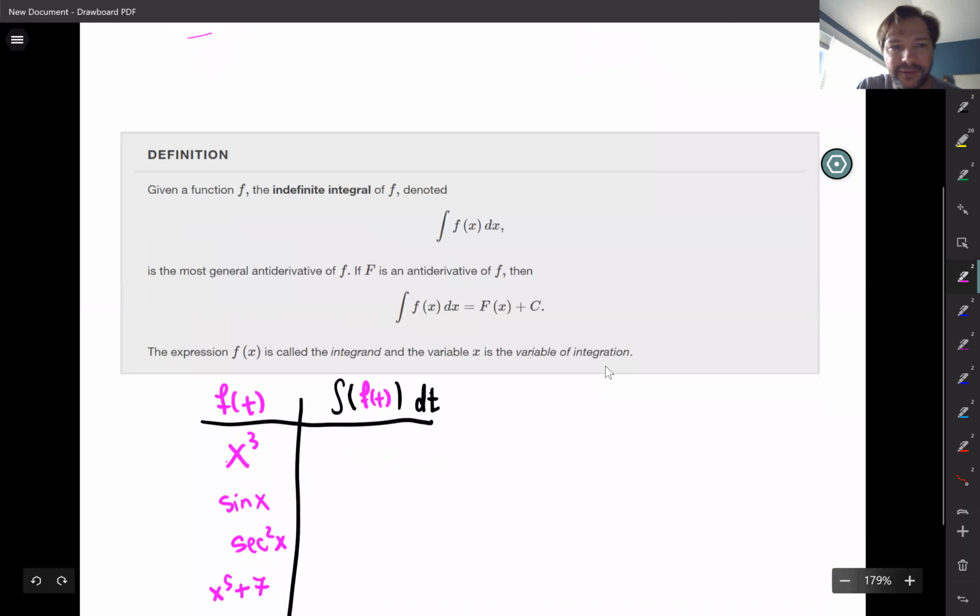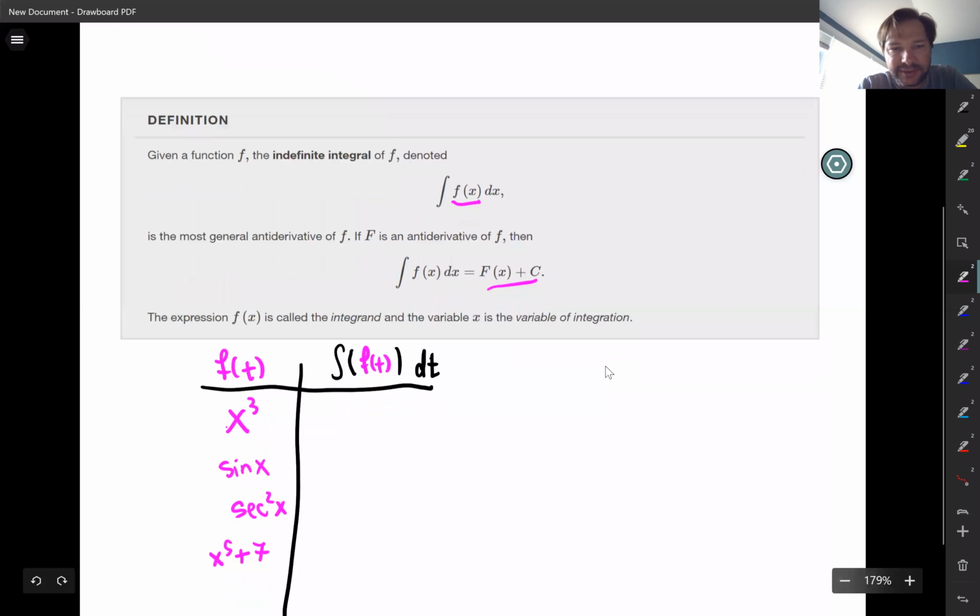So there's the definition. Given a function f, the indefinite integral of f is denoted by the long squiggly s, which stands for sum, then you plug f of x in the middle, and dx at the end. That's the most general antiderivative of f. If you take any antiderivative of little f, call it big F, then we add the constant of integration plus c.